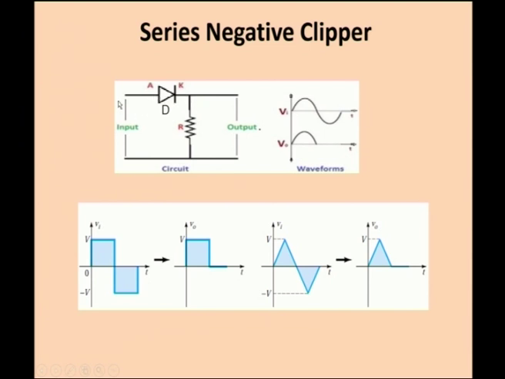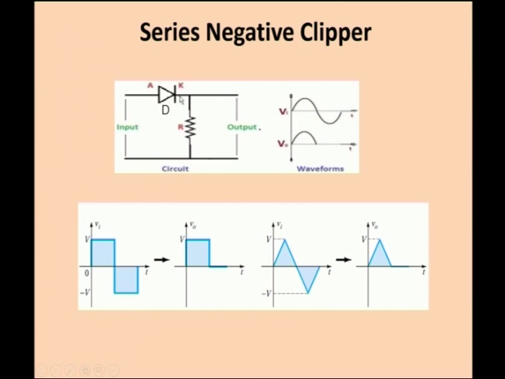When you apply the positive input voltage, what happens to this diode? Positive is given to the anode terminal and negative is given to the cathode terminal. So, it is a forward biased condition for this diode, and if it is forward biased, then the diode will act as a short circuit and the input will be seen across the output.